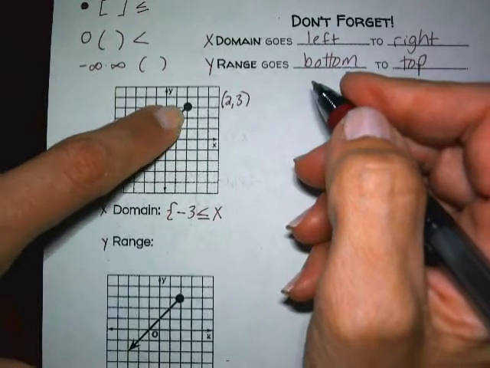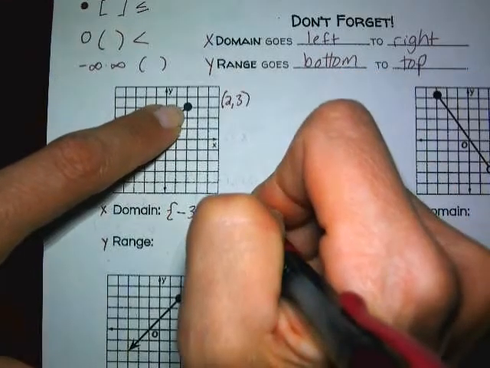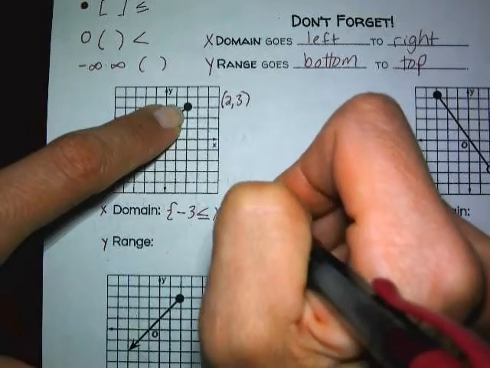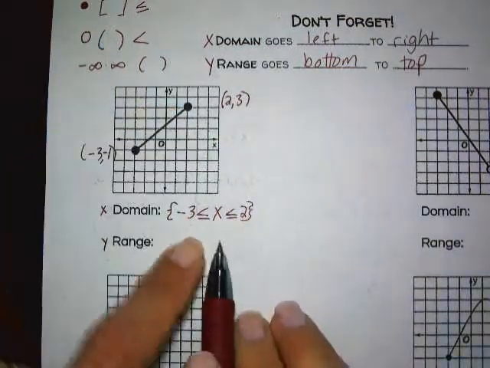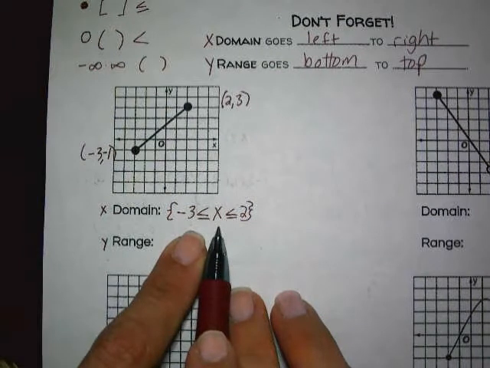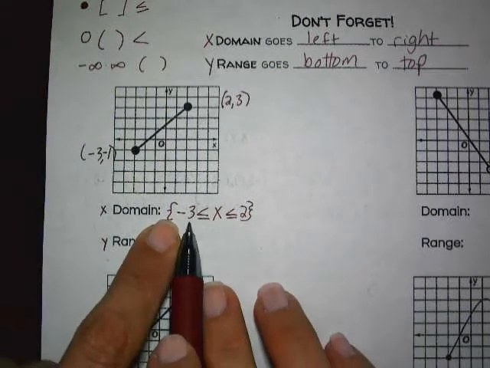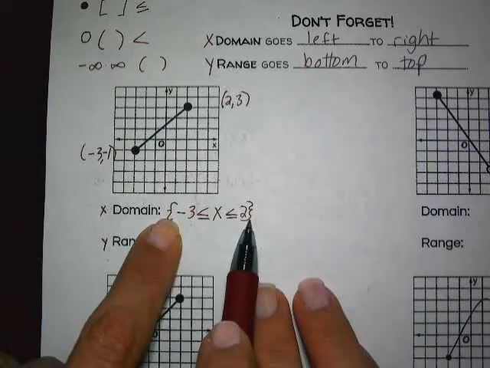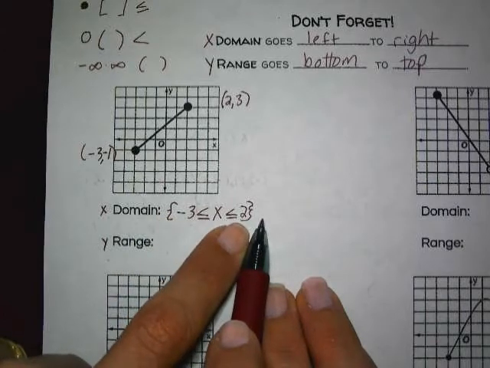What's our equality? Well, we've got another closed circle, so we're going to do less than or equal to 2. So this tells us that our X's, our domain, are everything from negative 3 all the way to and including positive 2.